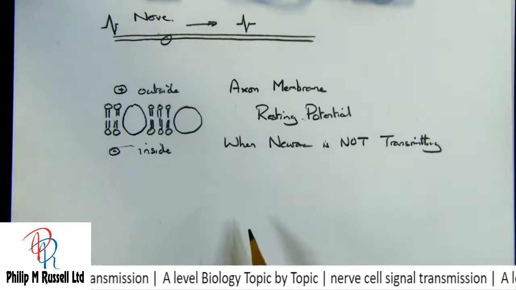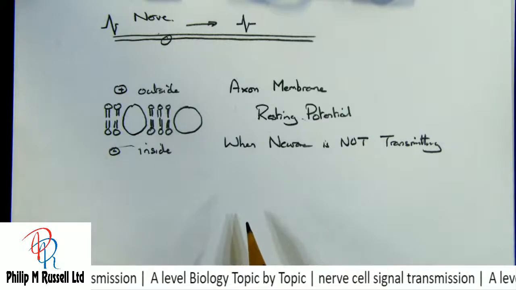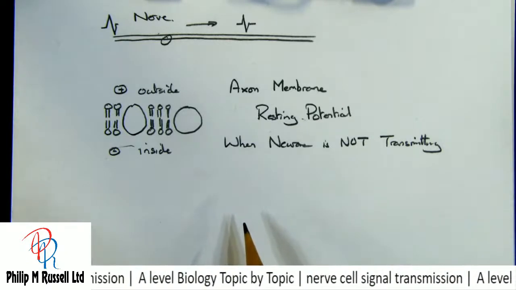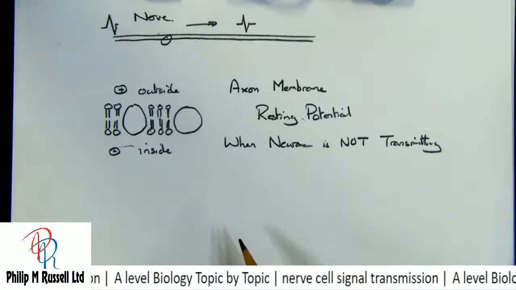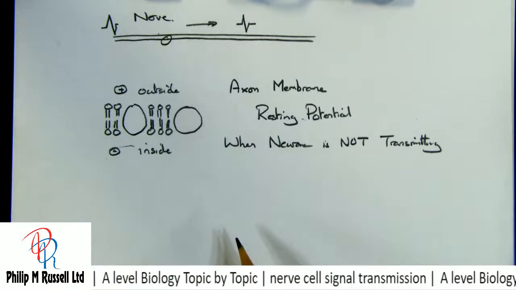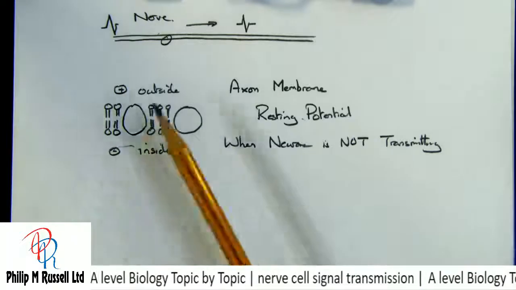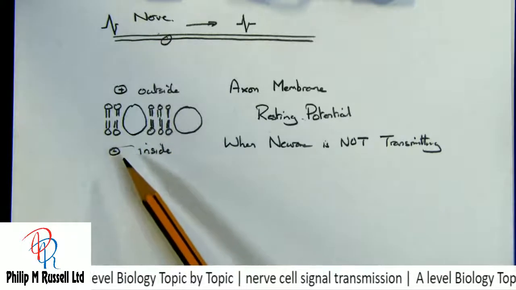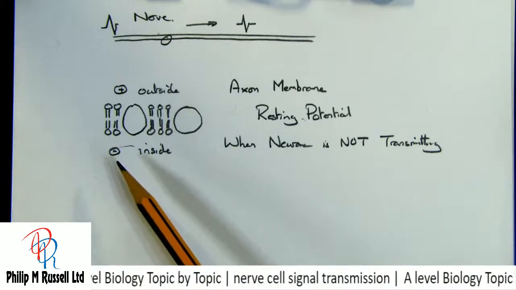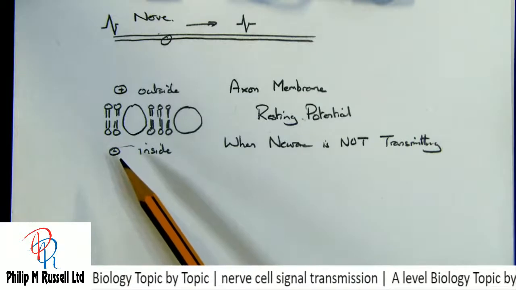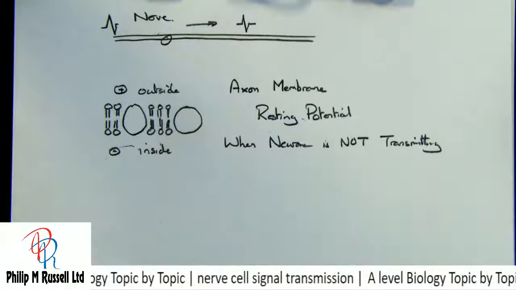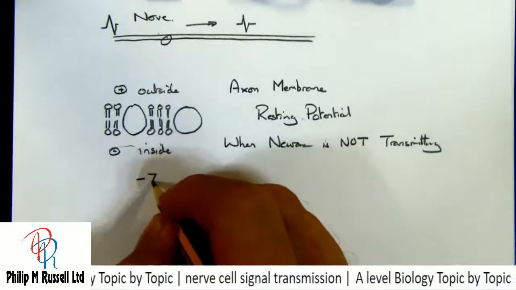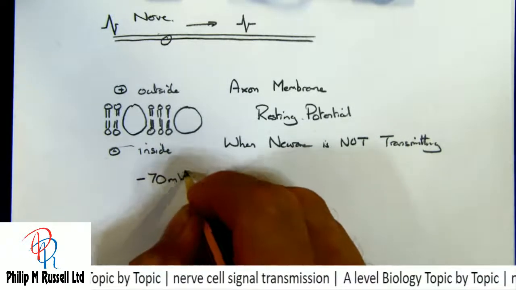So let's deal first of all with the resting potential. What we've got here is a state where the outside of the membrane is more positively charged than the inside. The membrane is said to be polarized, and if we can measure this, it is about -70 millivolts.